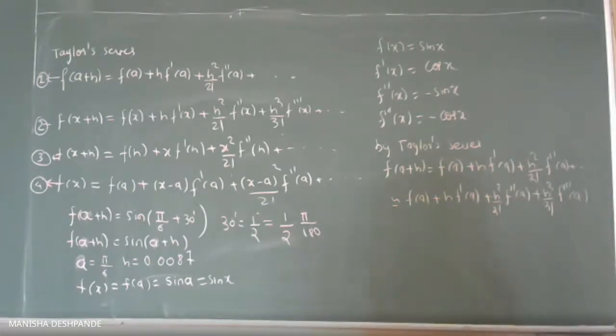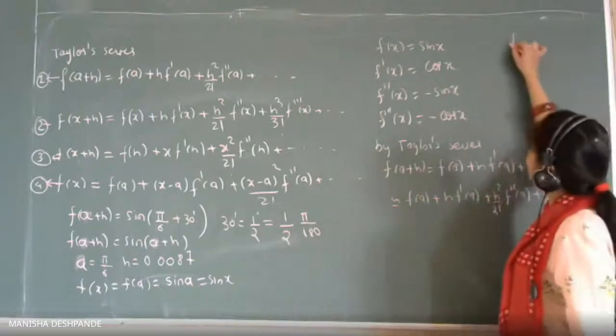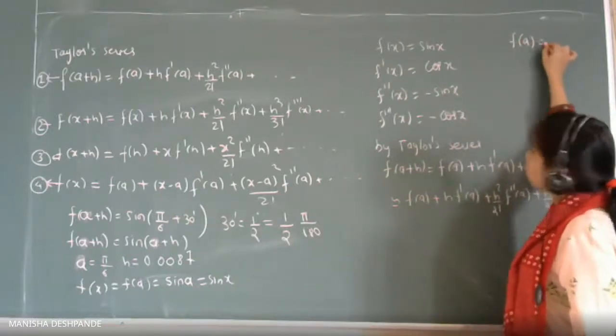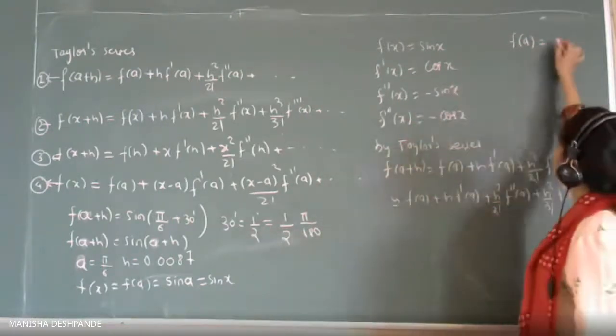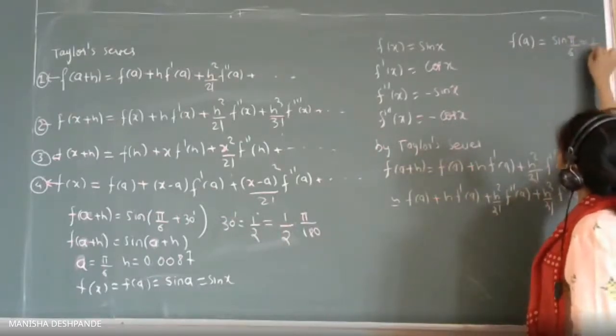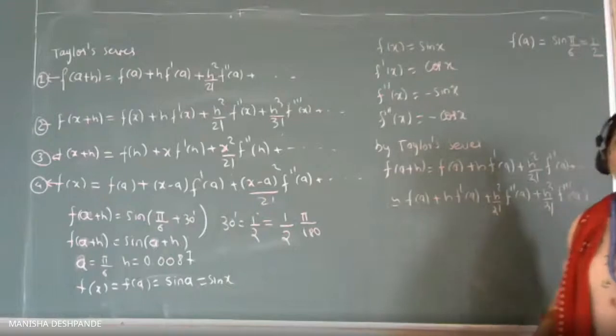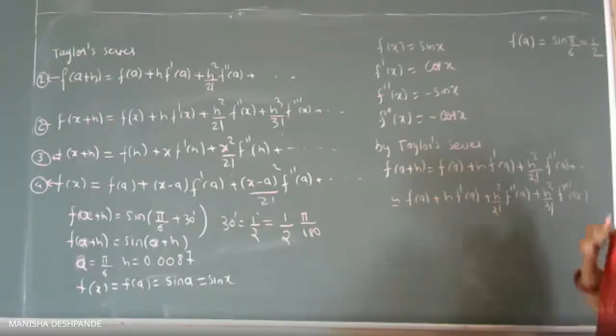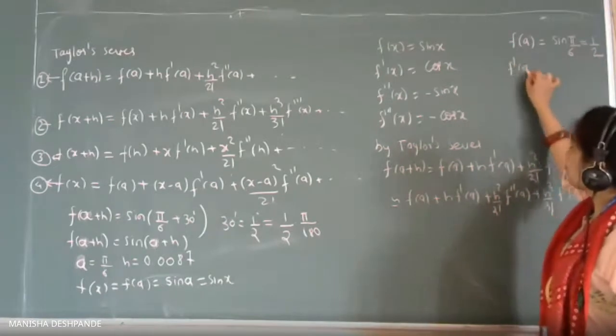So let us see what will be f of a. F of a is nothing but sine of pi by 6, since a is pi by 6. What is the value of sine of pi by 6? Half, 0.5. You can use your calculator also to find it.